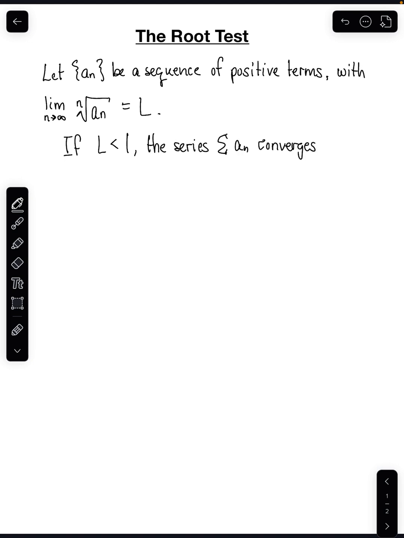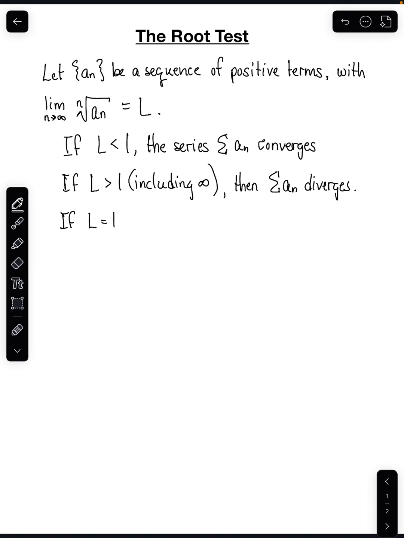If L is equal to 1, including infinity, if L is greater than 1, including infinity, then the series diverges. And lastly, if L is equal to 1, the test is inconclusive.